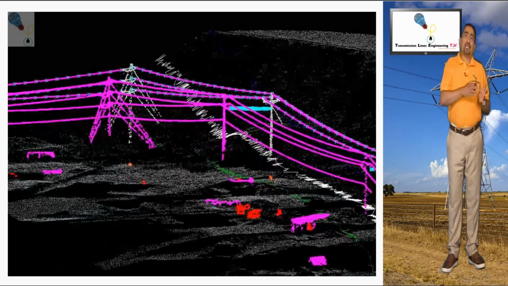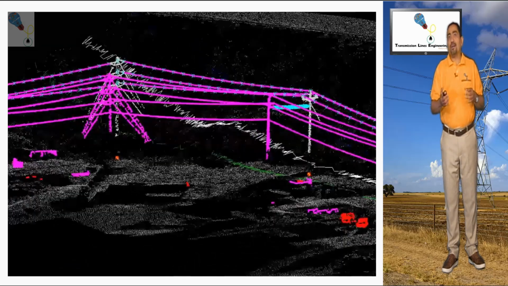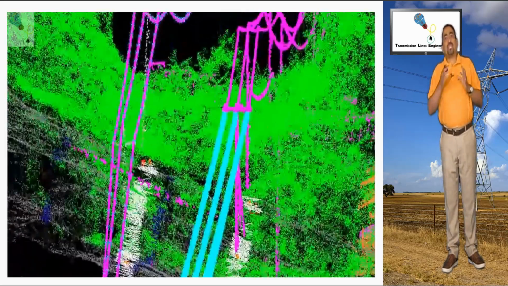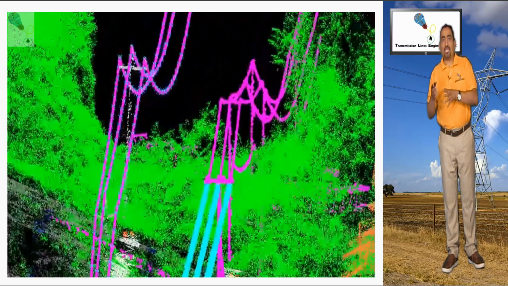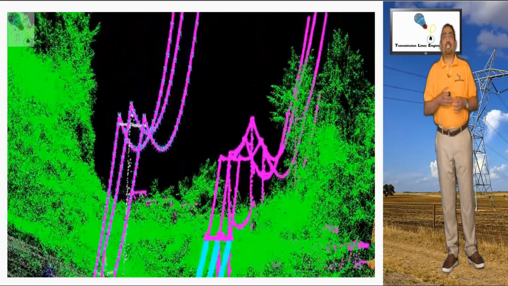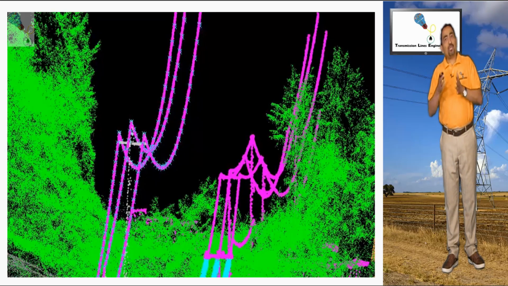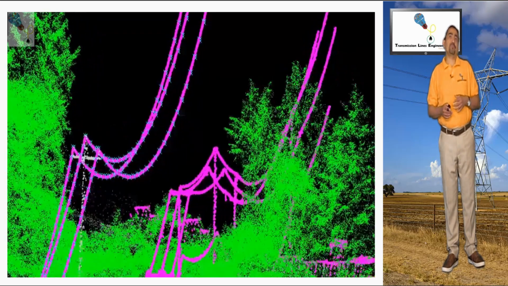In addition to the evaluation of ground clearances, it is possible to evaluate which sections of the existing vegetation endanger the transmission lines and determine in which points these trees will have to be trimmed.